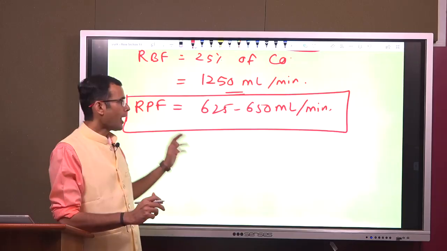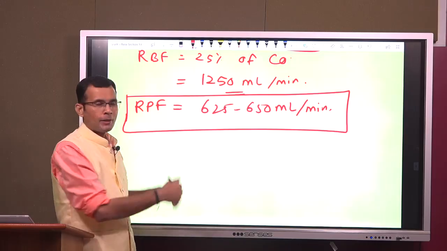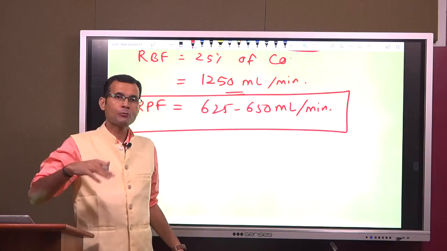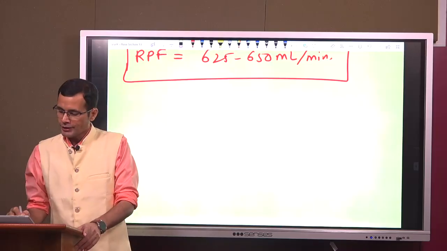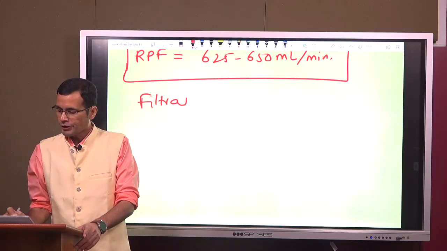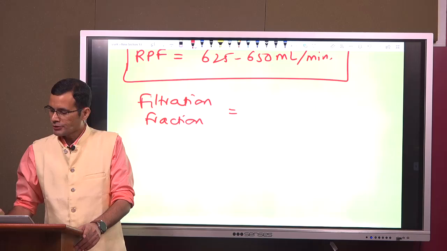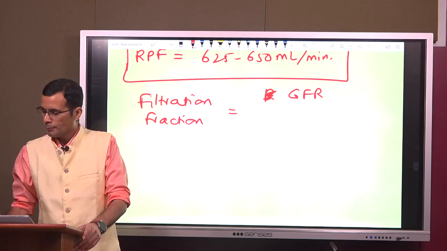So this much is plasma flowing through the kidneys every minute, and from this much plasma the glomerular filtrate is forming every minute. That's 125 ml per minute. And therefore how much is the filtration fraction? Filtration fraction is GFR upon RPF.